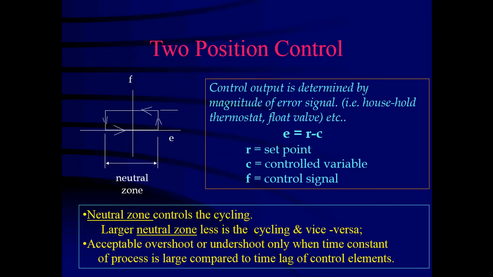And then you lower it and it will go a little bit below 72, and then it will switch off, producing this kind of neutral zone and turning it on and off. Okay, so here you can see that the error is R minus C, which is the control variable in here.